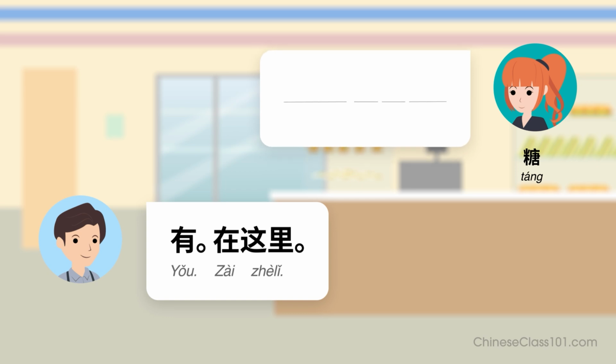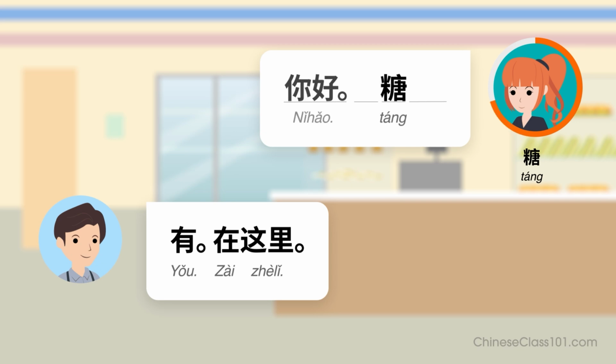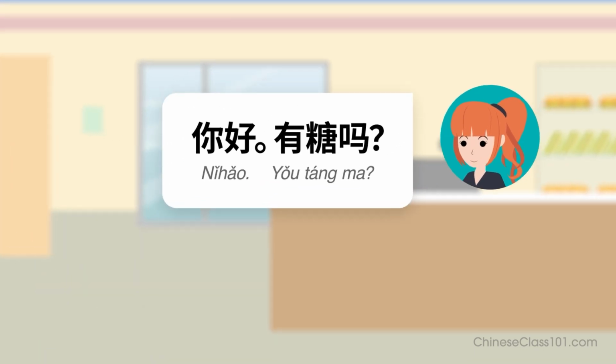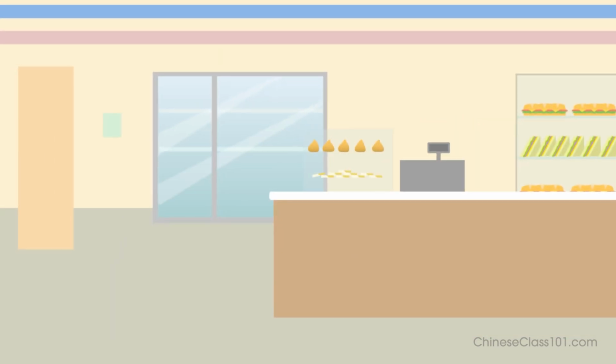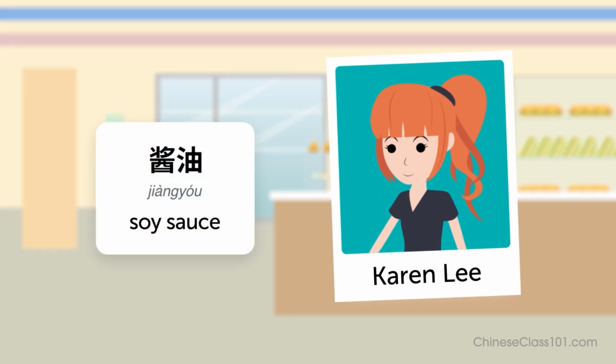Ready? 你好，有糖吗？有，在这里。Listen again and repeat. 你好，有糖吗？Now ask if there is any soy sauce.